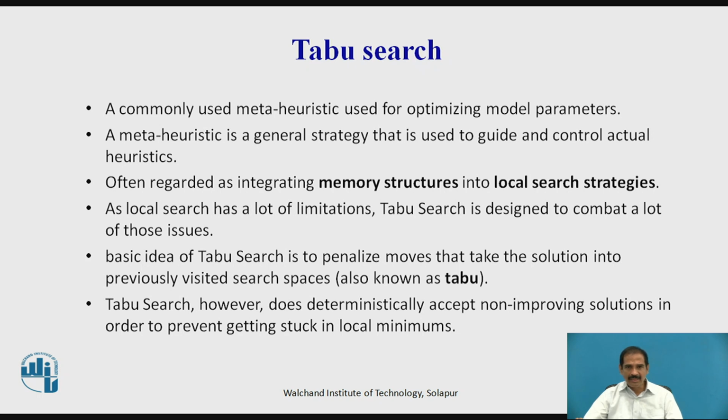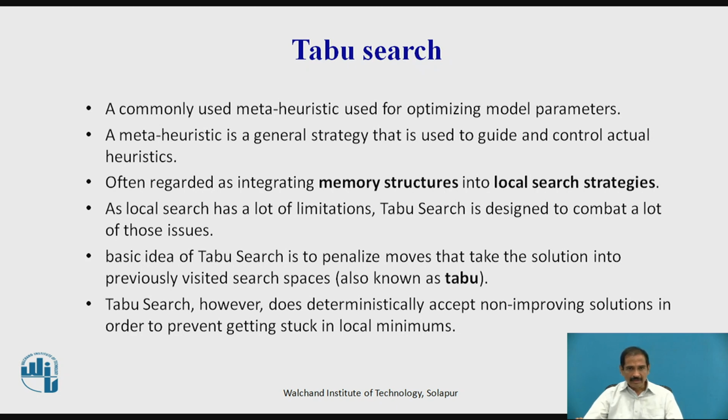As local search has a lot of limitations, Tabu search is designed to combat many of these issues. So the basic idea of Tabu search is to penalize moves that take a solution into previously visited search spaces, and these search spaces are called Tabu.